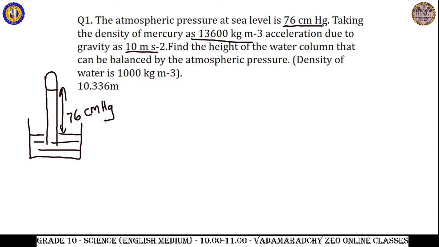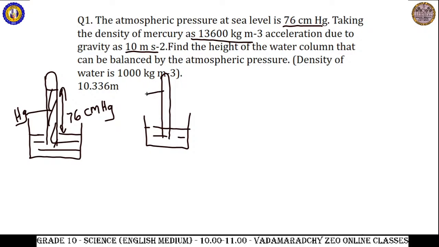Now we can use water instead of mercury. So in this barometer, we choose water. The question is, what is the height of the water column? The atmospheric pressure is equal at the bottom of the glass tube.